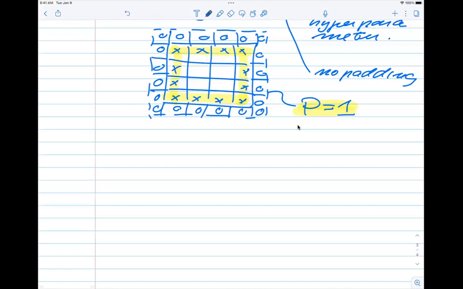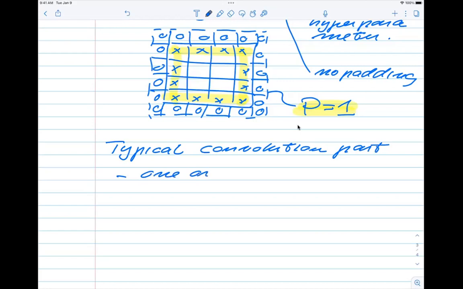So if we look at the typical convolutional part, if we summarize, what we have is one or several convolutions.